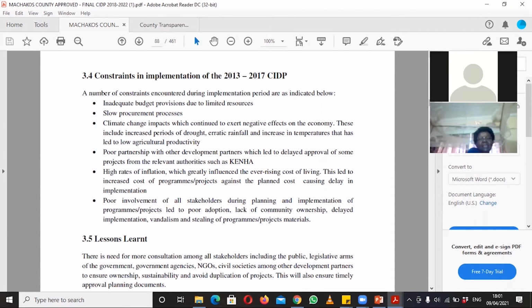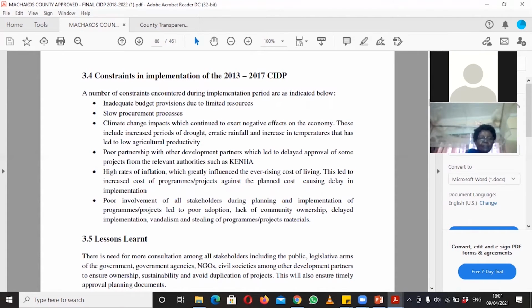Is it because Kenya has got obligations that need to be followed, or what? I think maybe it was with regard to the construction of the national roads. So maybe there was delayed communication and bureaucracy that caused the delay.